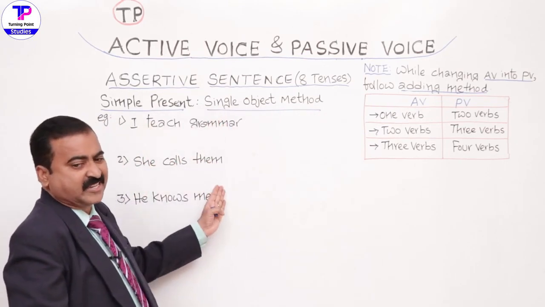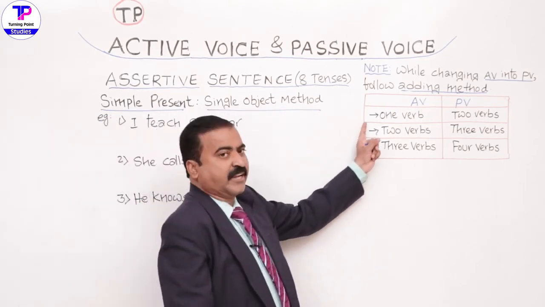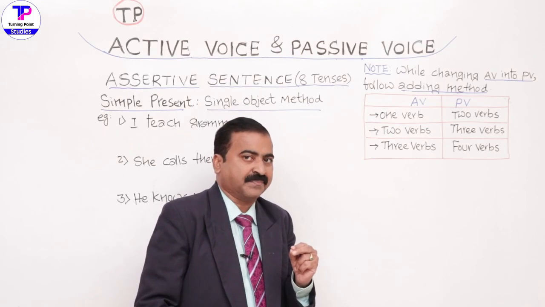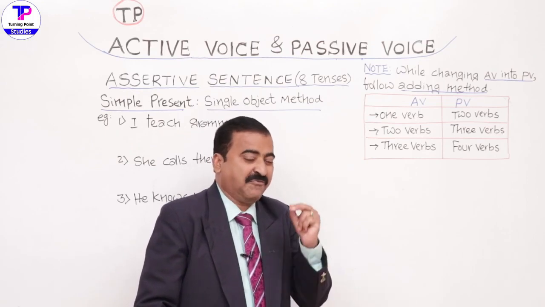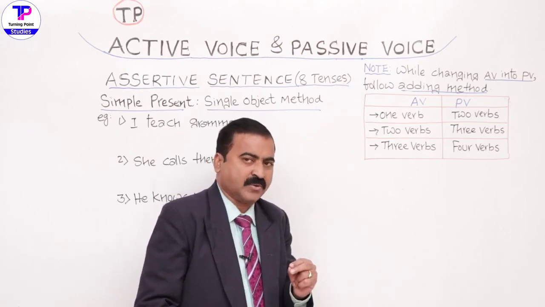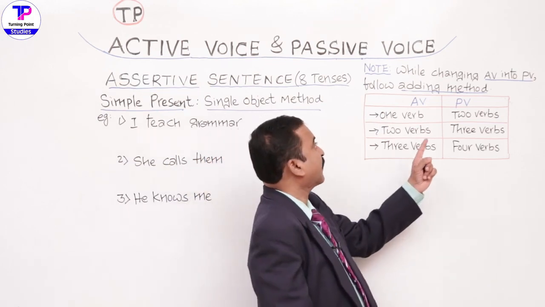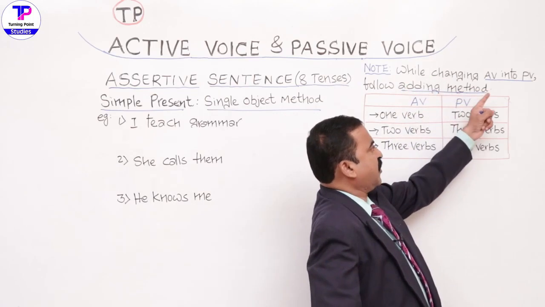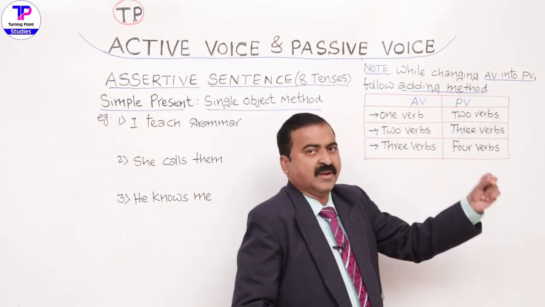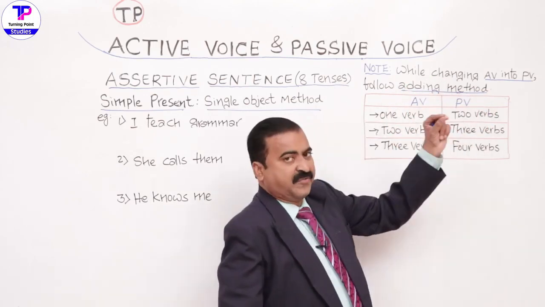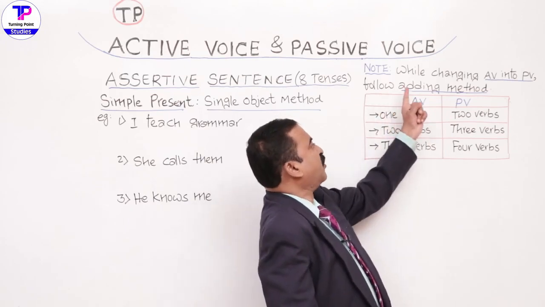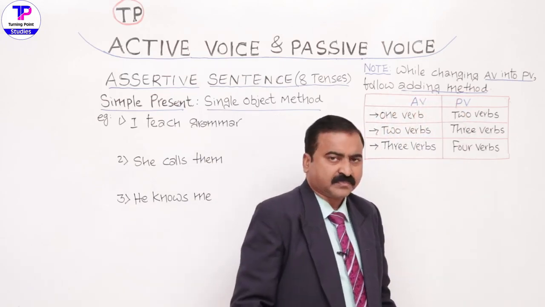Before starting these examples, I am going to tell you a logical note, a very important note, the shortcut note. All of you listen to it carefully. While changing AV into PV, follow adding method.